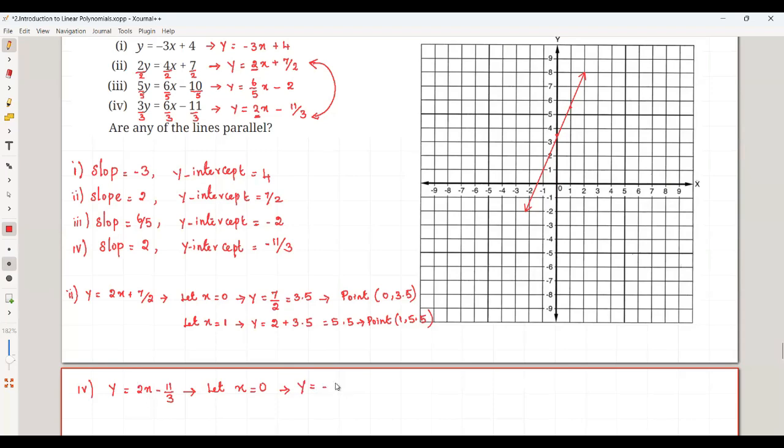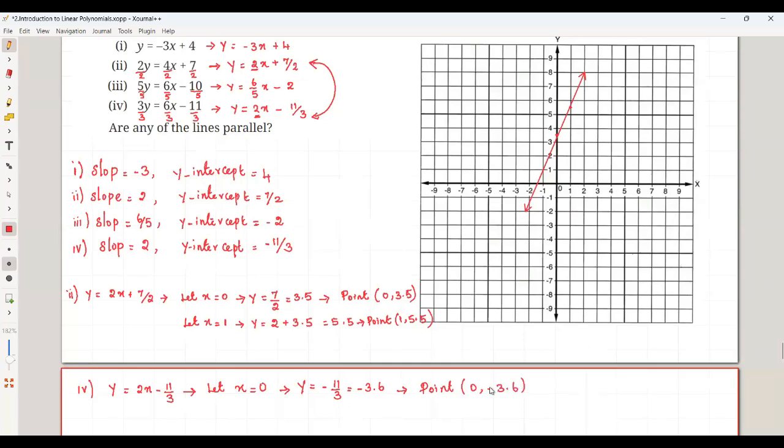We'll be getting minus 11 by 3, which is nothing but minus 3.66, so we can just make it 3.6. Now the points: x is equal to 0 means y is equal to minus 3.6.